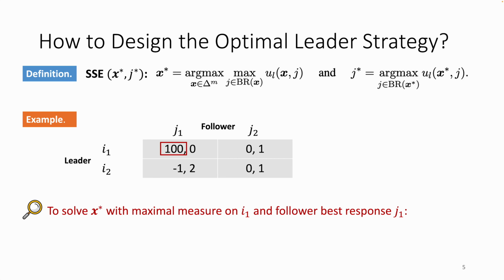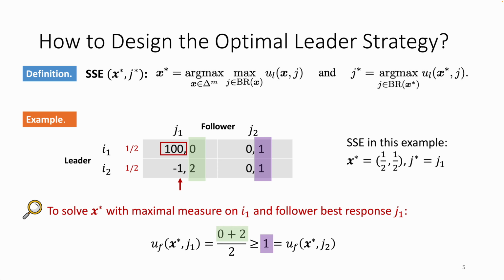So solving the strong Stackelberg equilibrium is equivalent in this example to solving for a strategy X that has maximum measure on I1 and such that the follower is best responding with J1. It turns out that the solution is for the leader to play I1 and I2 uniformly at random. So this gives the strong Stackelberg equilibrium in this example.